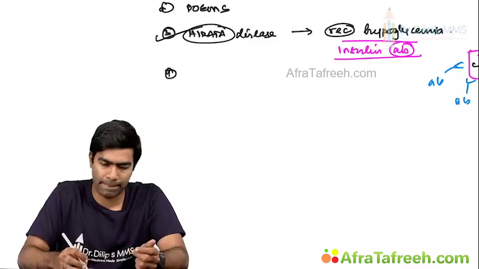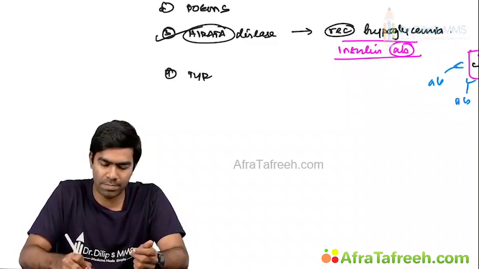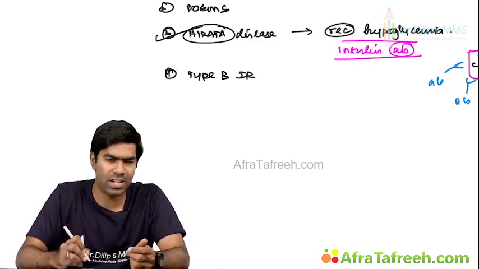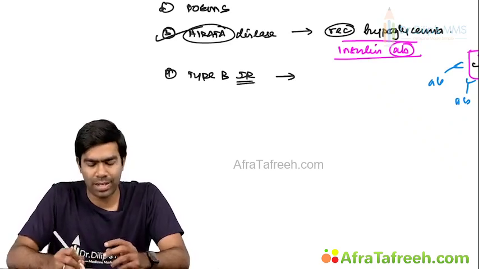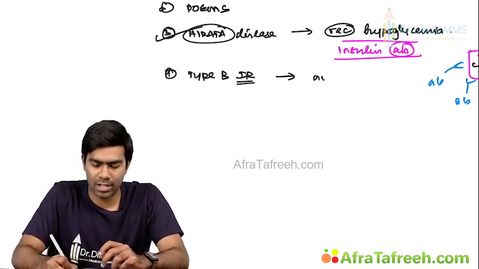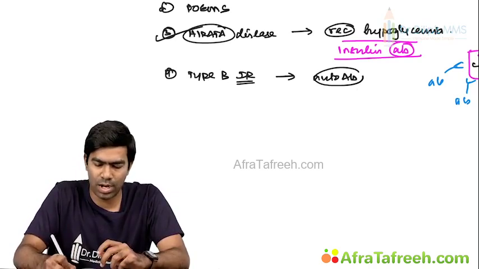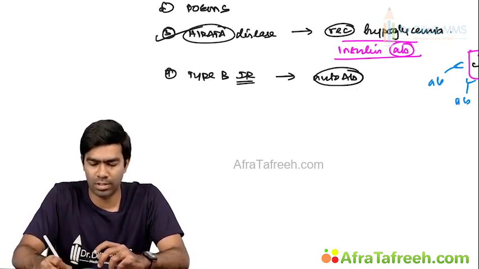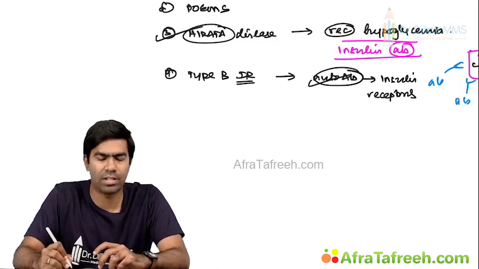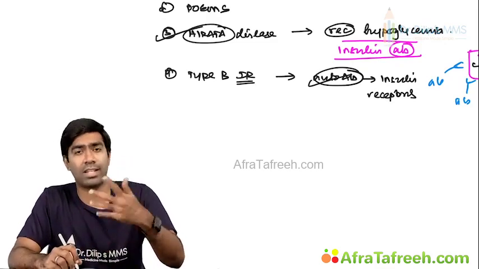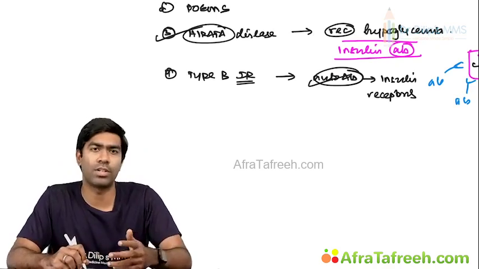Okay. Number 4, you have type B insulin resistance. A very rare disorder. So what do we mean by type B insulin resistance? Again, here the problem is autoantibodies that are directed against insulin receptors. It can be seen as a secondary event in certain other autoimmune disorders like SLE also.